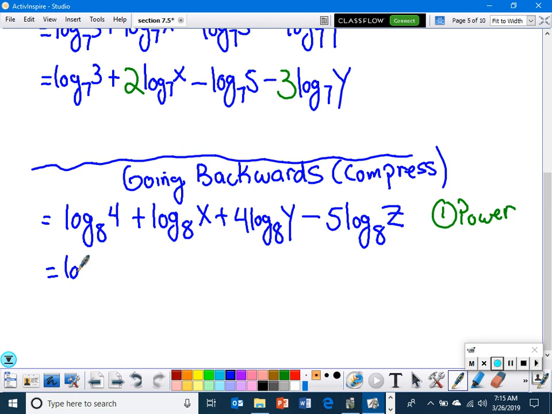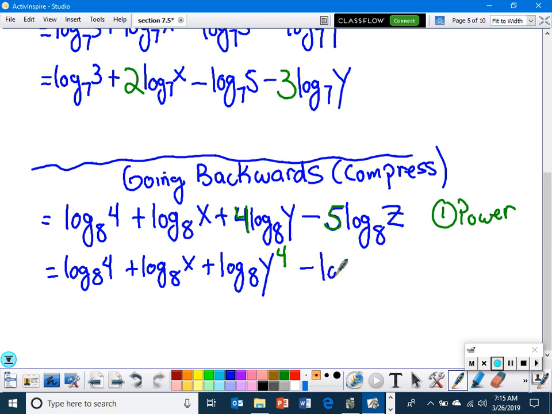So now this is log base 8 of 4 plus log base 8 of x plus, this 4 is now going to become the exponent, so that's log base 8 of y to the 4th power, minus the 5 is going to become the exponent, so that's now written as log base 8 of z to the 5th. That was step 1. I took care of the power property.